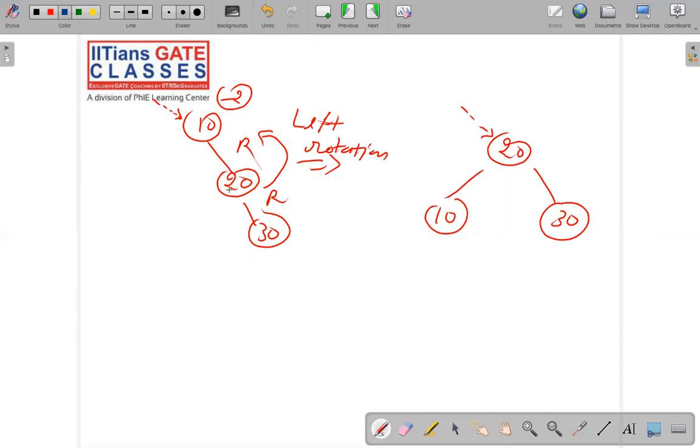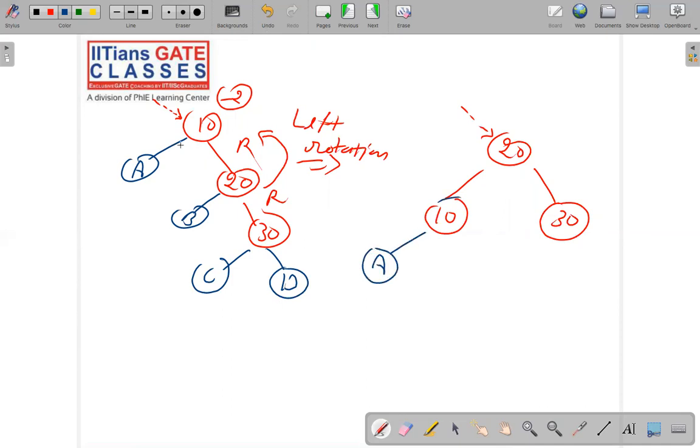Now let's talk about the child subtrees. A here, B here, C and D here. A will remain on the left of 10. B will remain on the right of 10, because in the original tree it was on the right of 10.